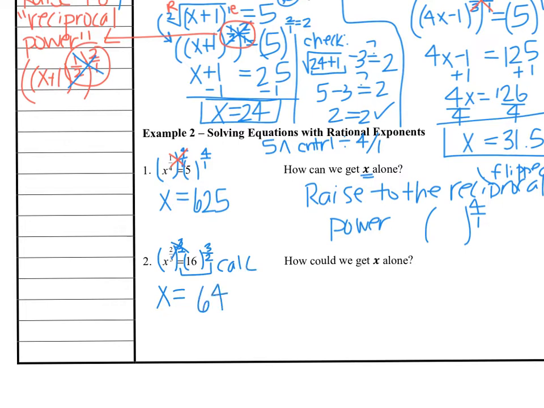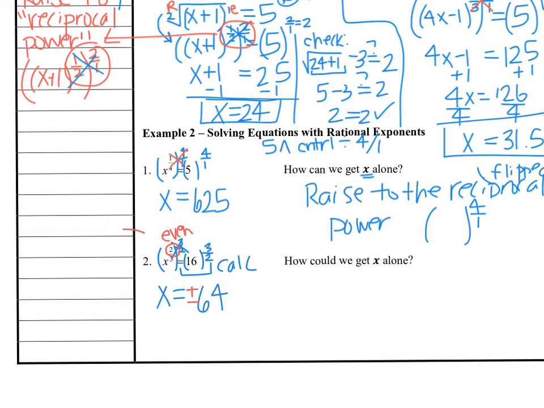But one thing I want to make sure we note here is that if we had an original power that had a numerator that was even, then we have to add a plus or minus in there. Remember when we did solving quadratics, anytime we square rooted at the end, we had to put plus or minus in front because there technically is the positive and negative version of the answer.